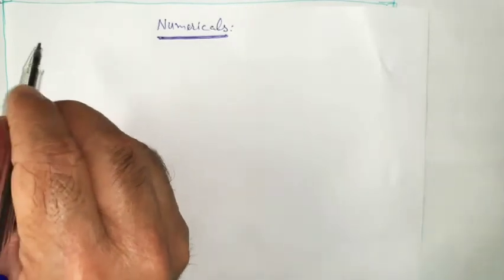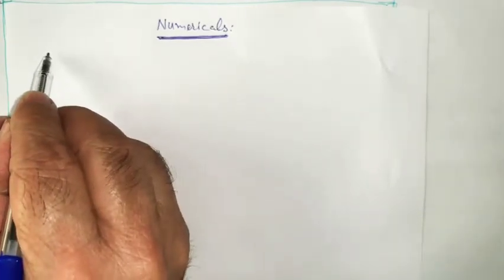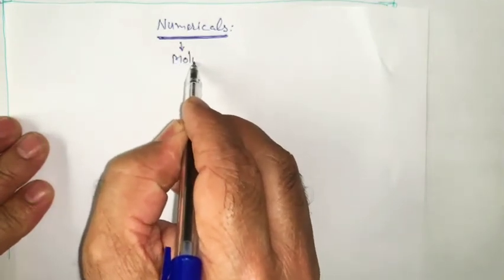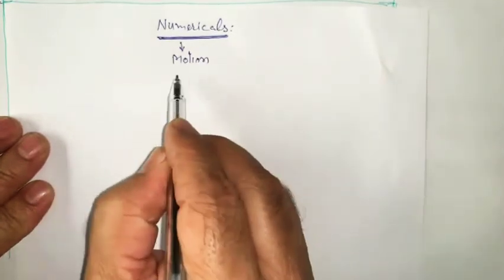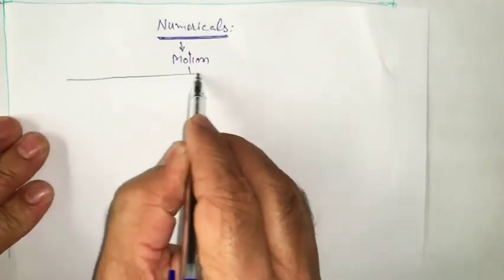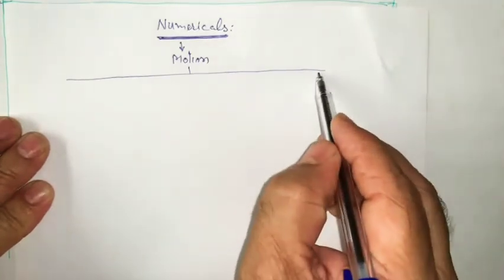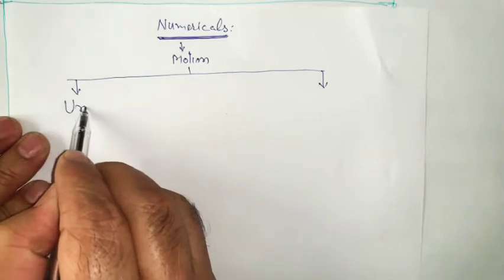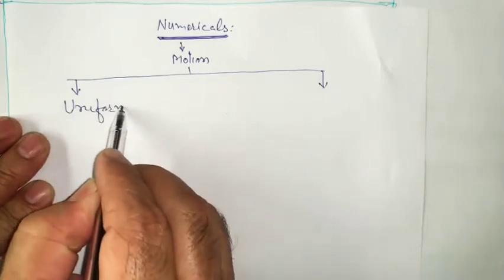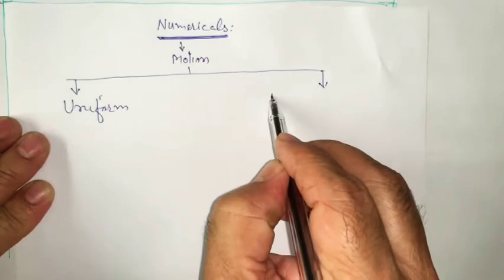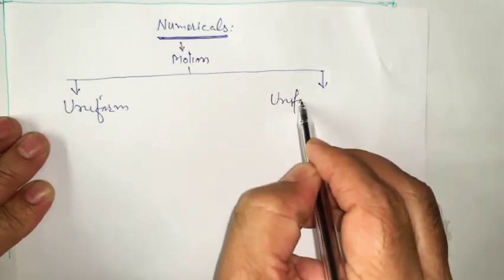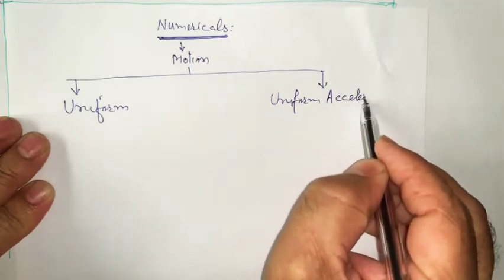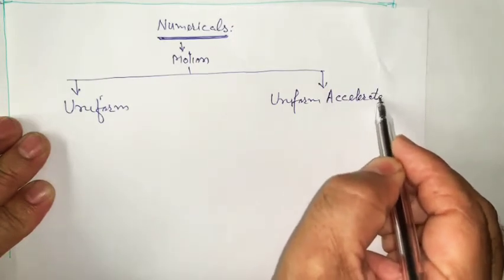So first of all, we know about motion. Basically, theoretically, we consider two types of motions. One is known as uniform and the other is known as uniform accelerated motion.